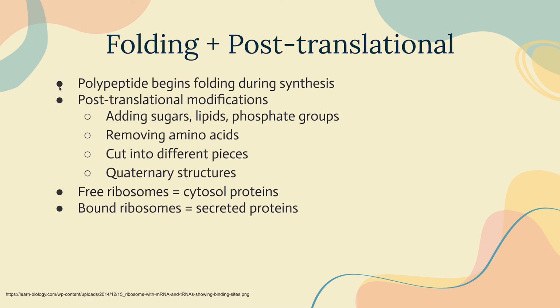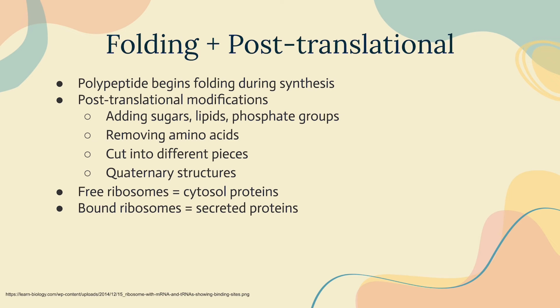Okay, so after that, we need to finish making our protein. Polypeptides begin folding as soon as they're being made, basically. And there are these proteins called chaperonins that prevent them from folding wrong. There are also some post-translational modifications you can make to proteins. You can add sugars, lipids, and phosphate groups.